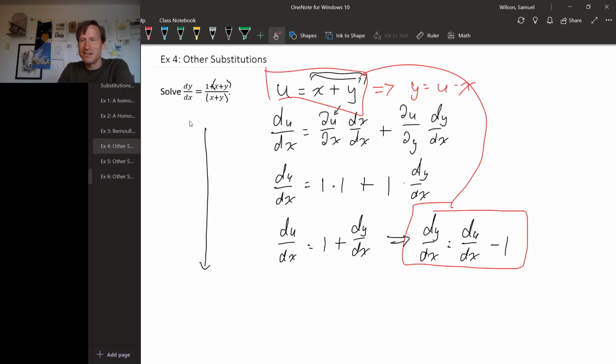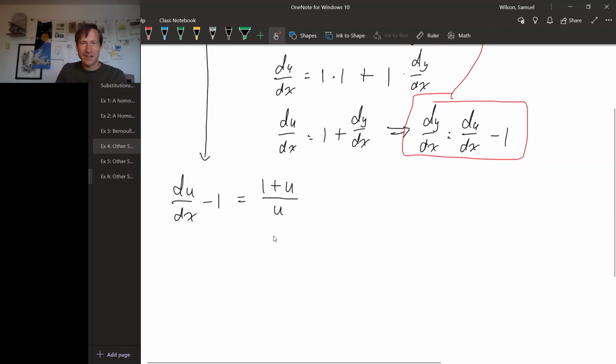On the left-hand side, dy/dx is du/dx minus 1, equals, on the right-hand side, 1 plus x plus y, that's u, over x plus y, that's also u. Now we can simplify this: it's 1 over u plus 1. Then add 1 to both sides: du/dx is equal to 1 over u plus 2.